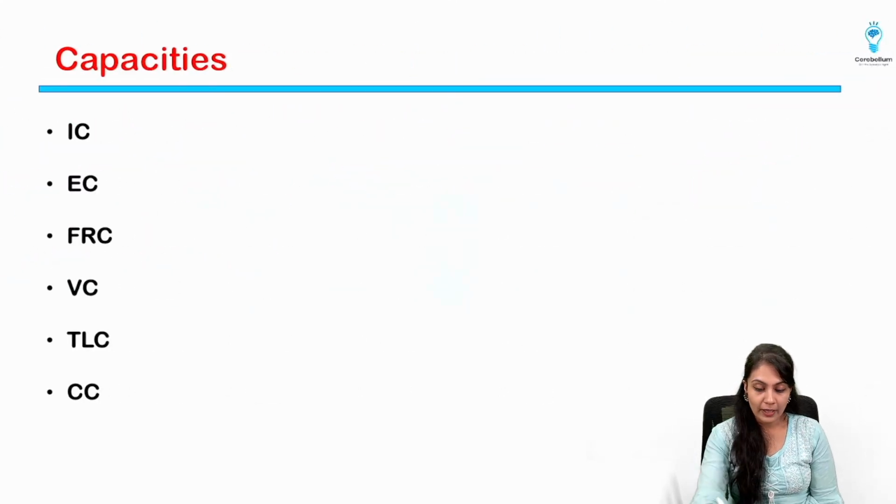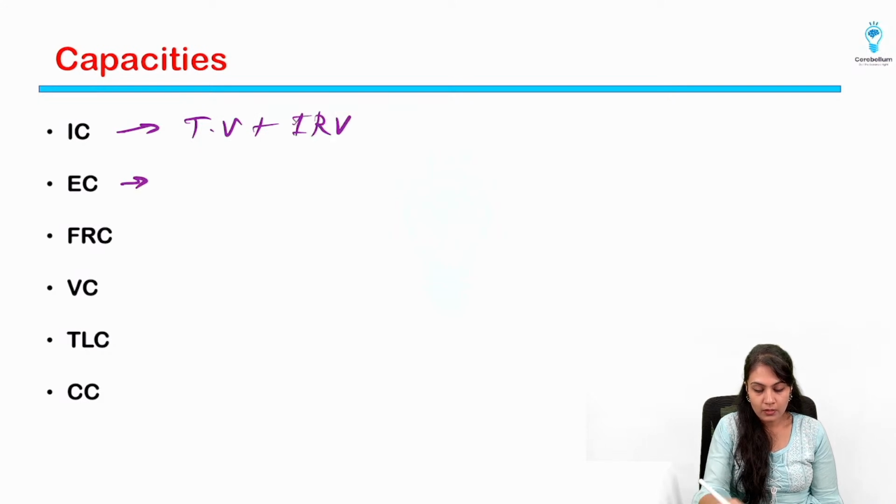Now, let's quickly discuss the capacities. IC is TV plus IRV. EC is TV plus ERV. FRC is ERV plus RV.